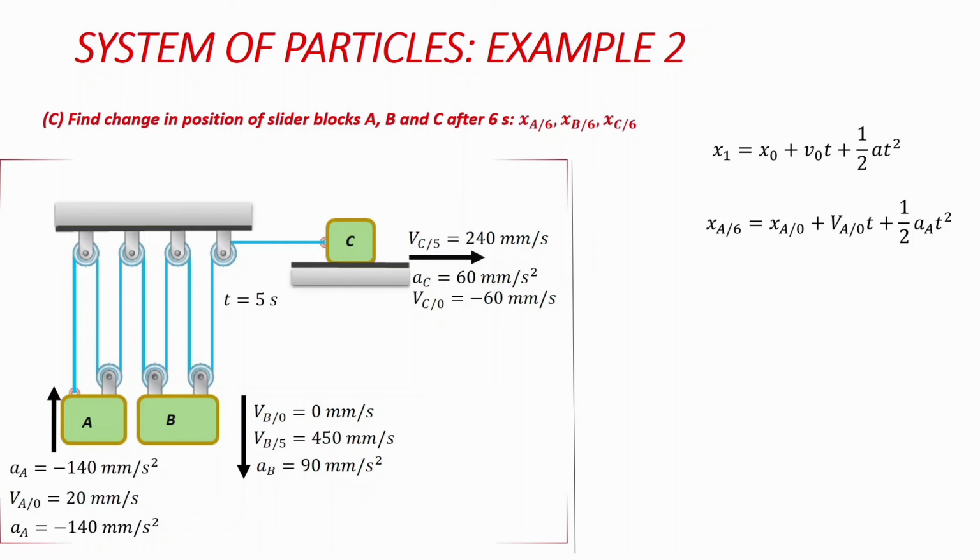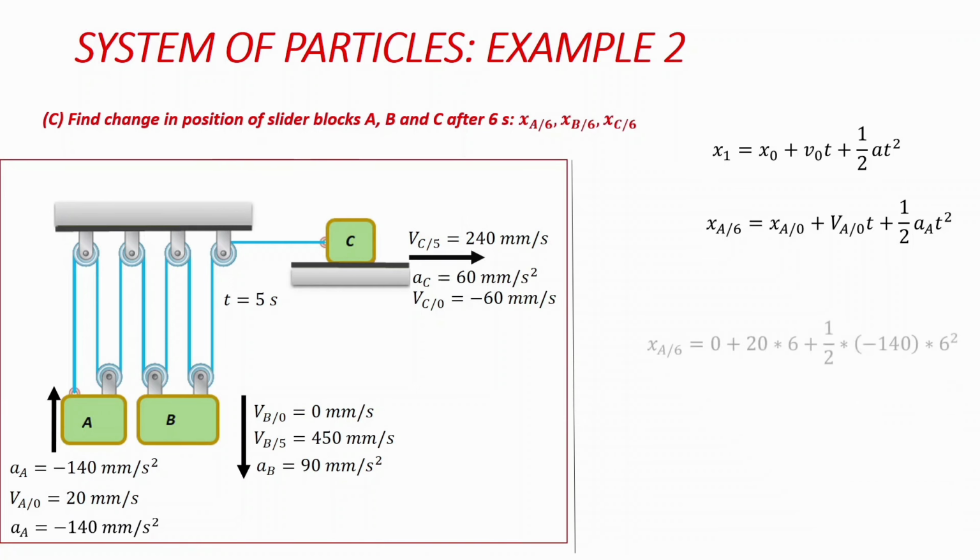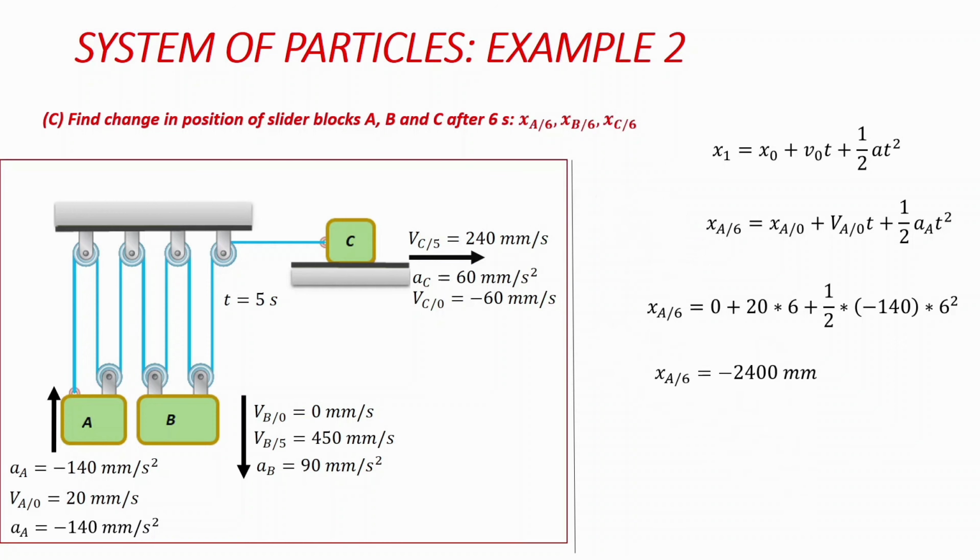If we input the correct variables and estimate displacement for each of the blocks, we discover that the displacement of particle A after 6 seconds will be minus 240 millimeters. That of particle B will be 1620 millimeters, and that of particle C after 6 seconds will be 720 millimeters.